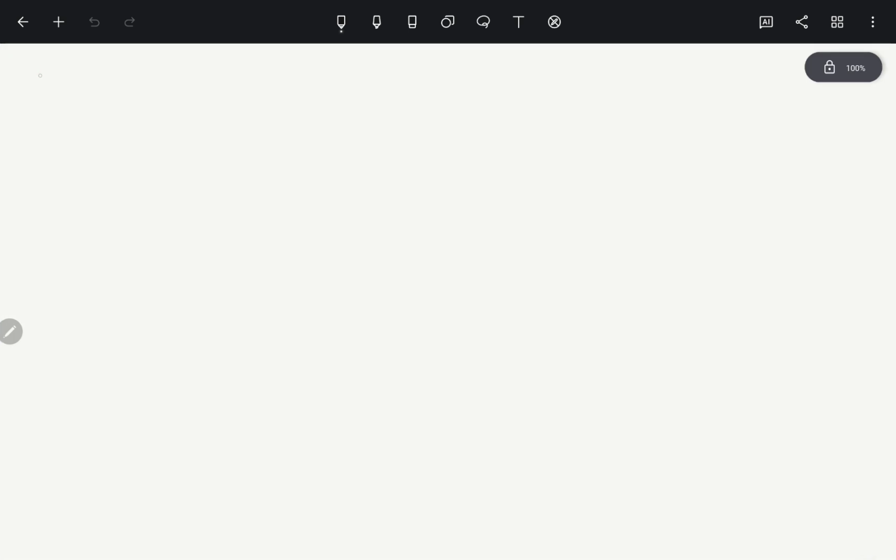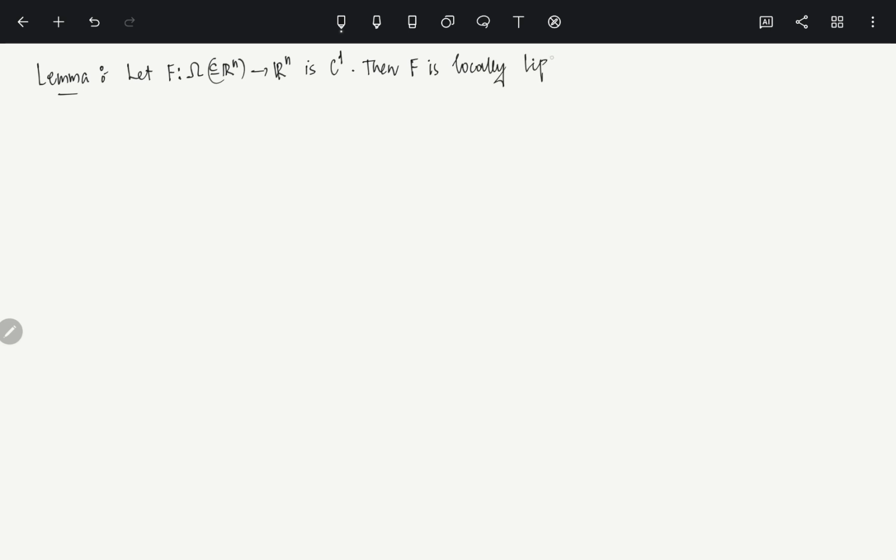So before we do that, again we have to go through a small lemma. So what is the lemma? It says: let capital F from omega subset of Rn to Rn be continuously differentiable. So we are looking for a continuously differentiable vector field. Then capital F is locally Lipschitz.